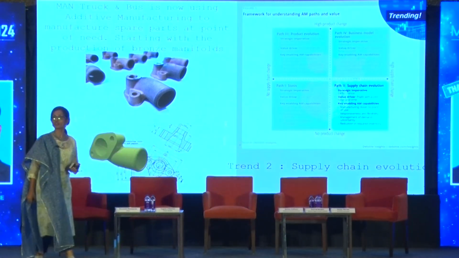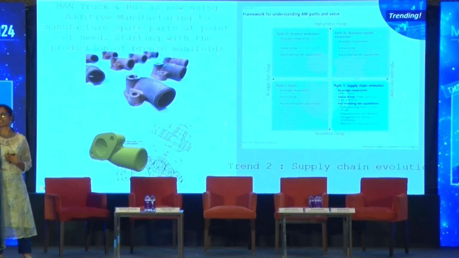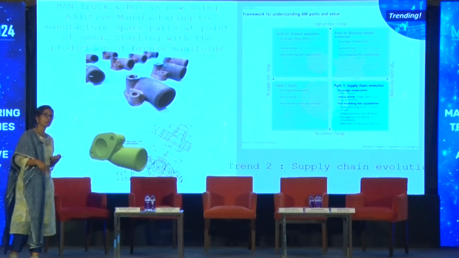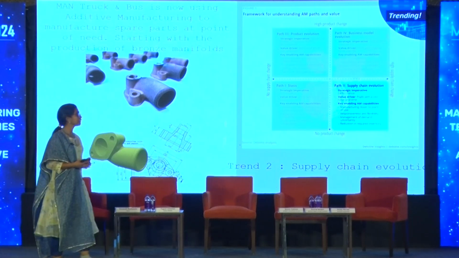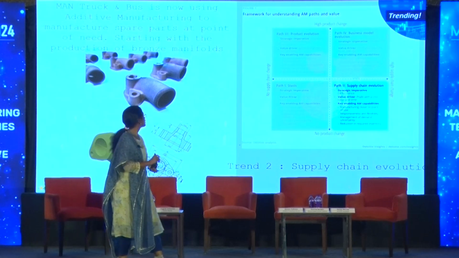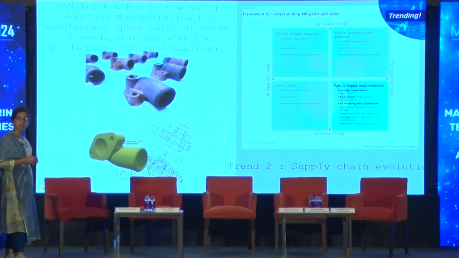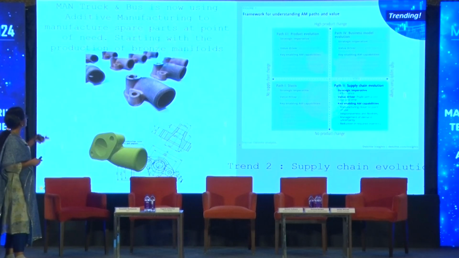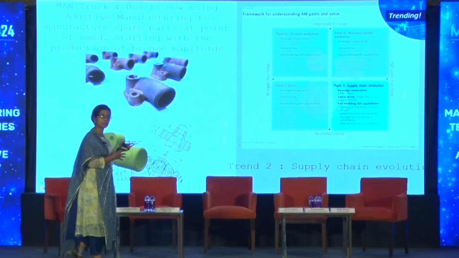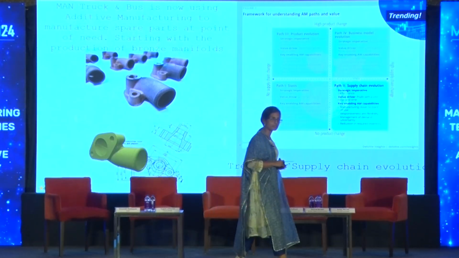Now we go on to trend number 2, which is also part number 2, that is supply chain evolution. Another place where you can use additive manufacturing is to quickly make spares. We have here the MAN truck and buses example. They have been making these bronze manifolds as spares, and they make all of this particular spare only through additive manufacturing.